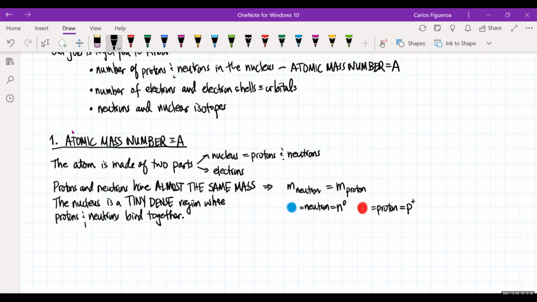So this is a bad picture of the nucleus. So when I think about a nucleus here, remember, bad model.